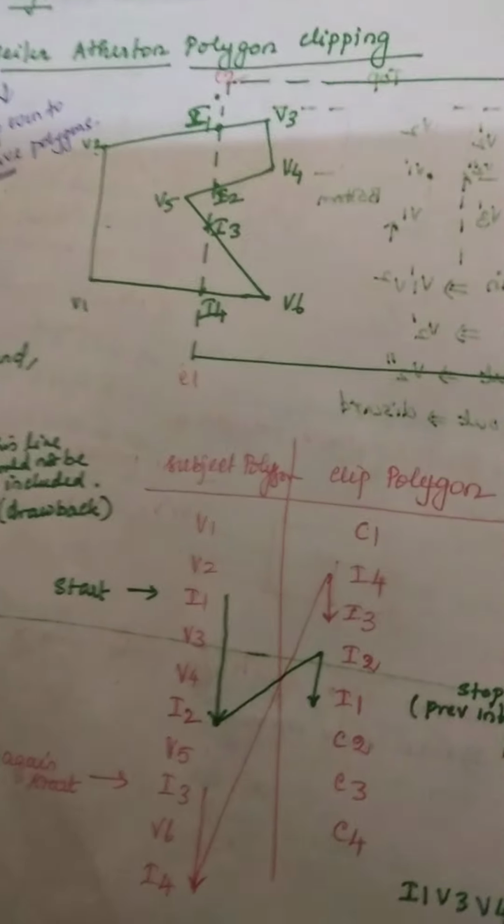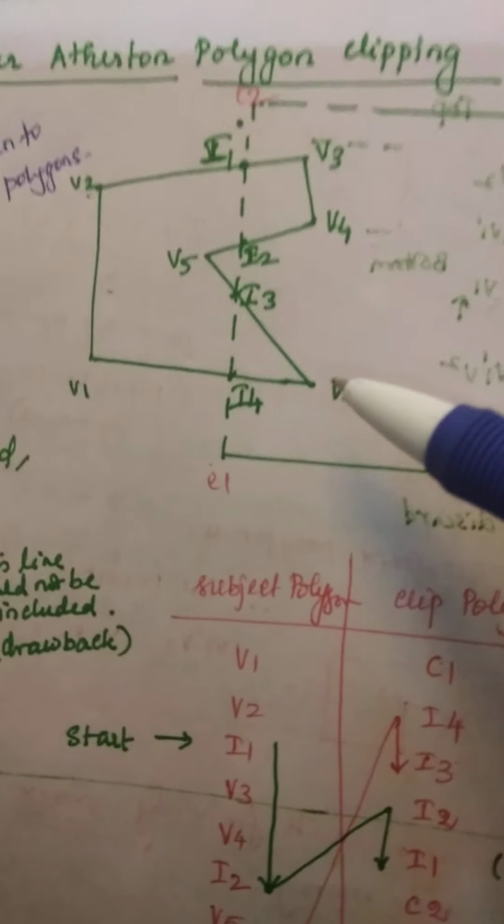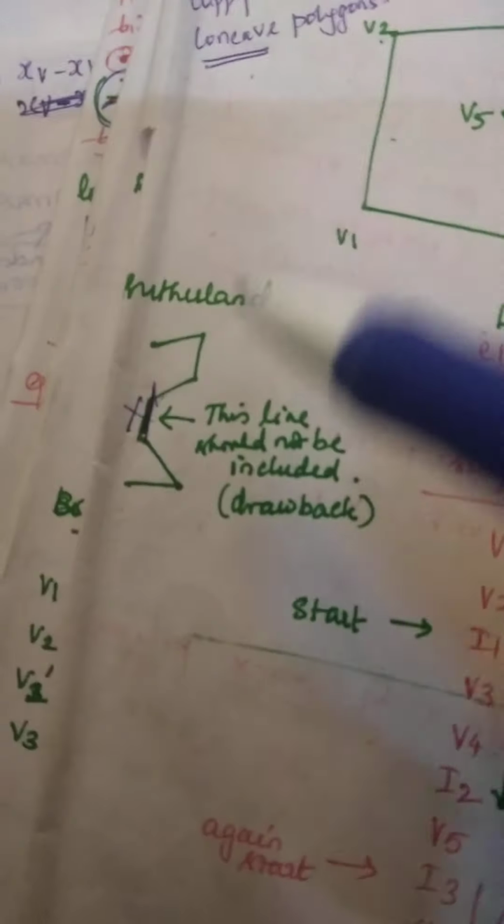In Weiler-Atherton, if we use this clipping concept for this polygon clipping operation, the final outcome will be like this. There will be no edge. Okay, no edge is in between in Weiler-Atherton, whereas in Sutherland, after performing clipping operations, this line will also be included. That's the difference. So the more advantageous algorithm is Weiler-Atherton.